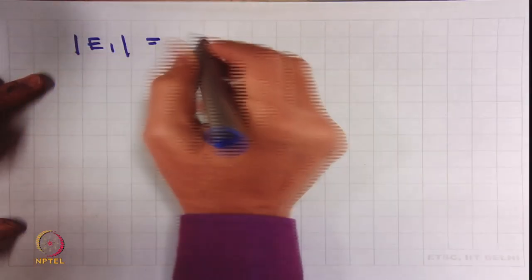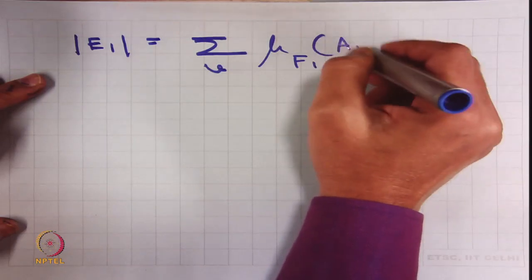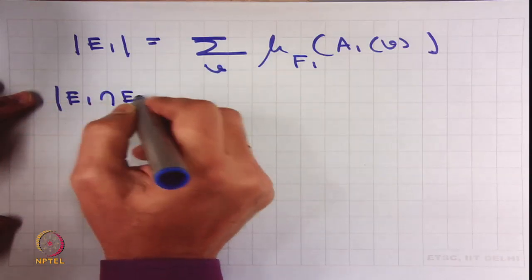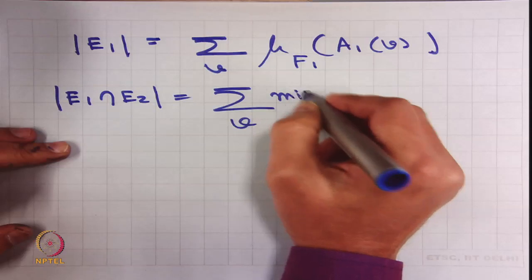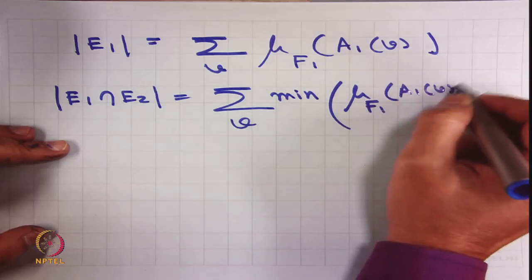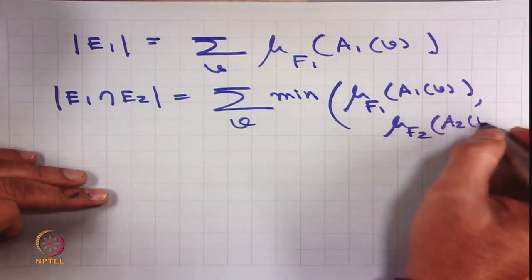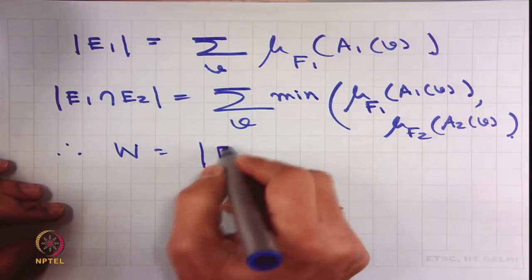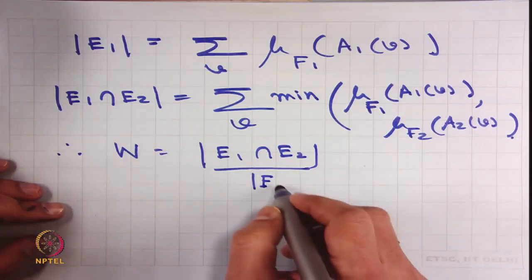Cardinality of E1 is equal to sigma over V mu F1 of attribute 1 of V, cardinality of E1 intersection E2 is equal to sigma over V minimum of mu F1 of A1 V and mu F2 of A2 V, and W is equal to cardinality of E1 intersection E2 upon cardinality of E1.